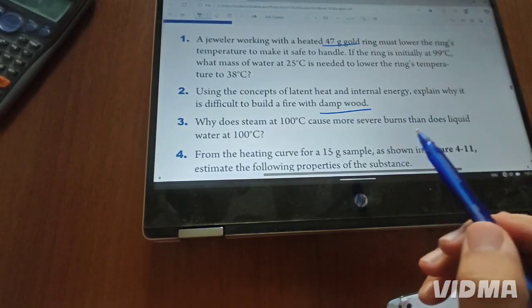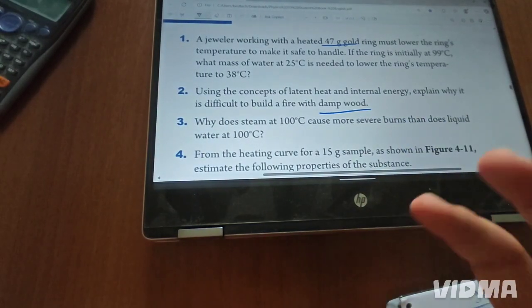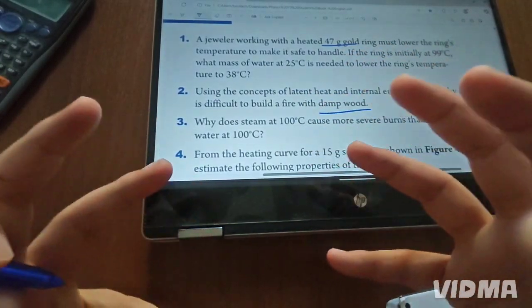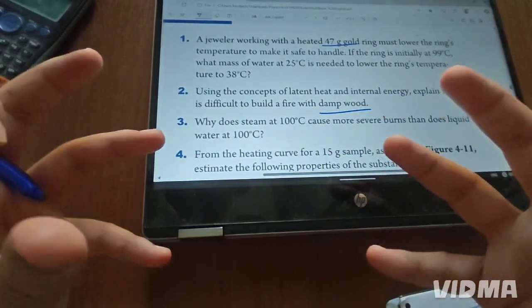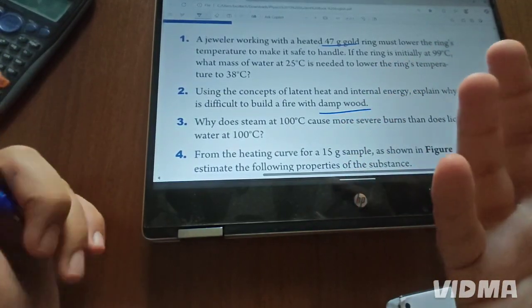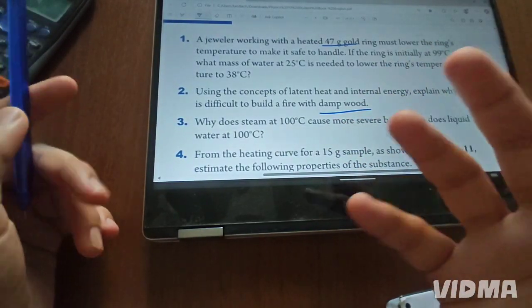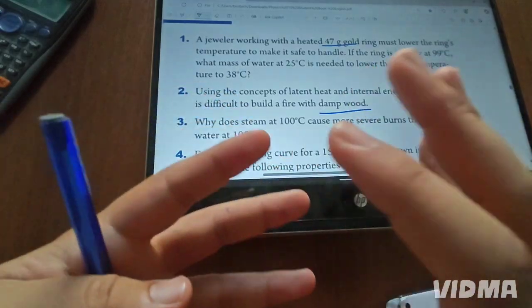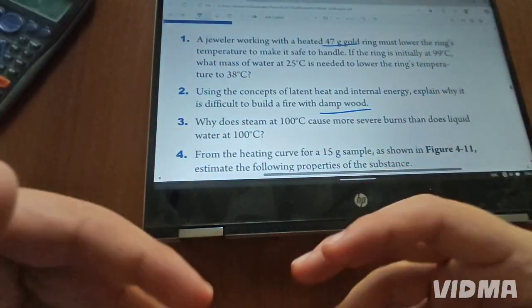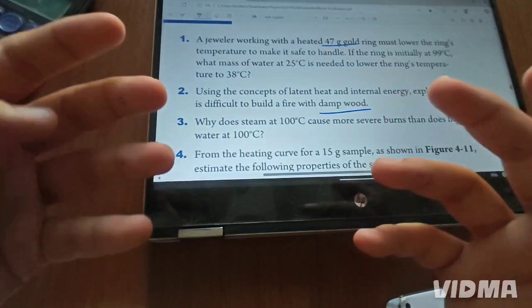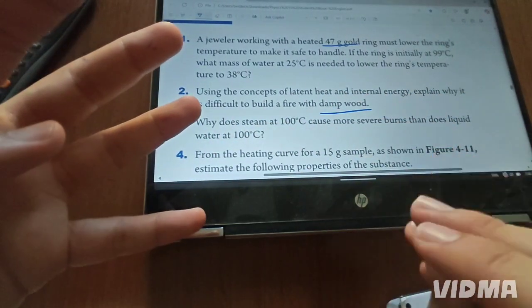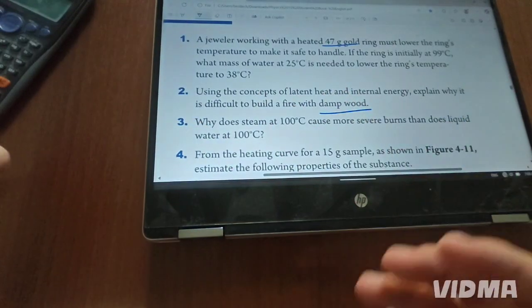Damp wood means the wood is wet or drenched, with some water on this wood. Why is it difficult to make or build a fire on the wood if there's a little water on it? Why is it hard?